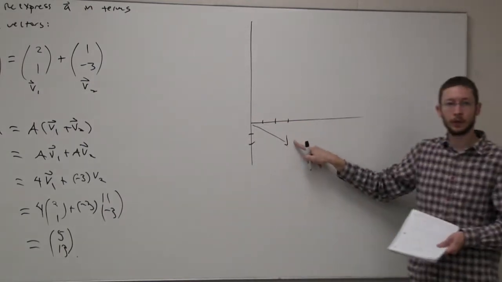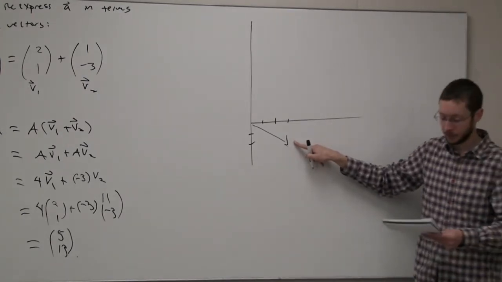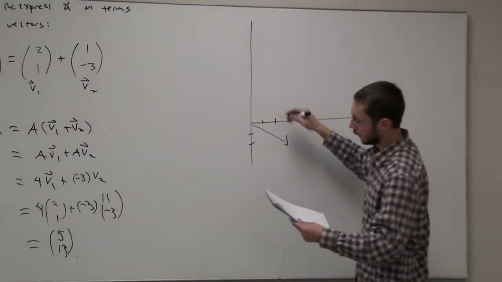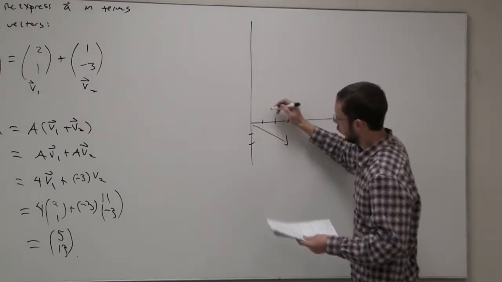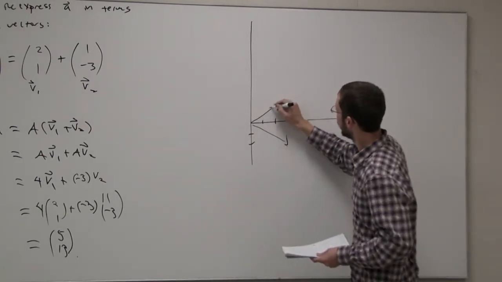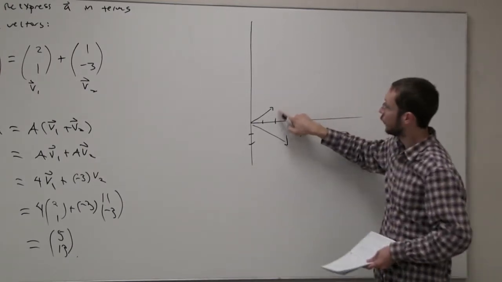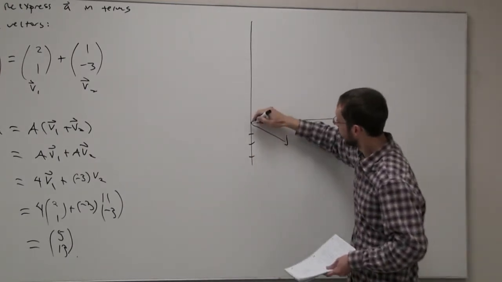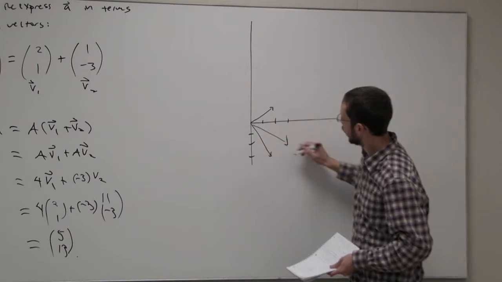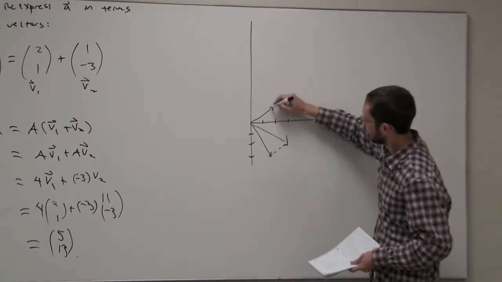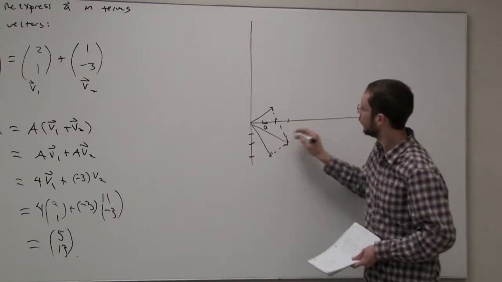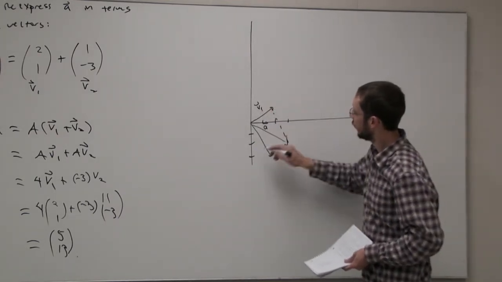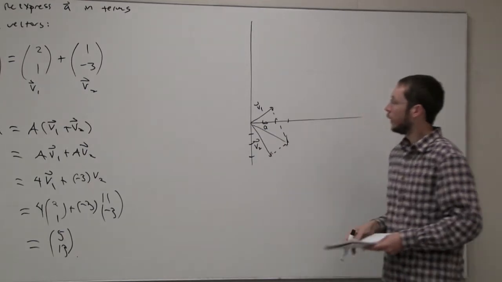What we did is we first re-expressed it using the eigenvectors, right? And we said, here's our V1, which was 2, 1. And here's our V2, which said 1, -3. And so if you use the parallelogram law with these two vectors, we were able to generate a as a sum of V1 and V2.